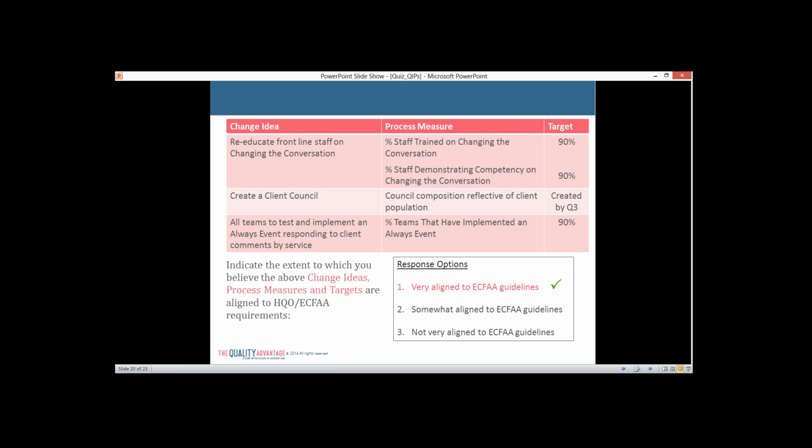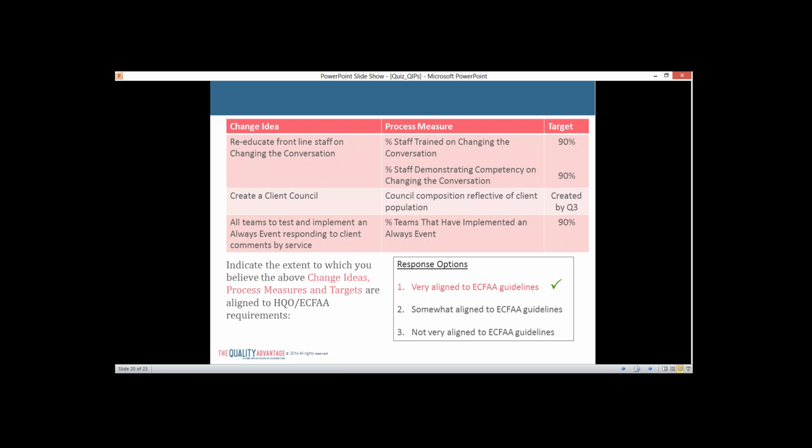And so the process measure here is that they want to ensure that the council reflects the attributes of the client population. So they want it to be somewhat representative of the client population, and they want to ensure that it's established by the third quarter of the year.